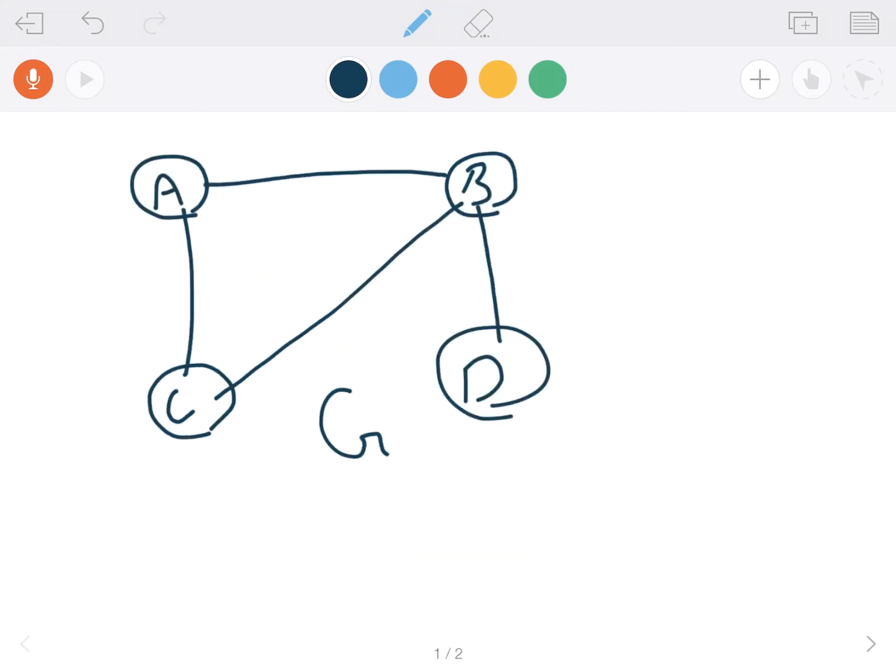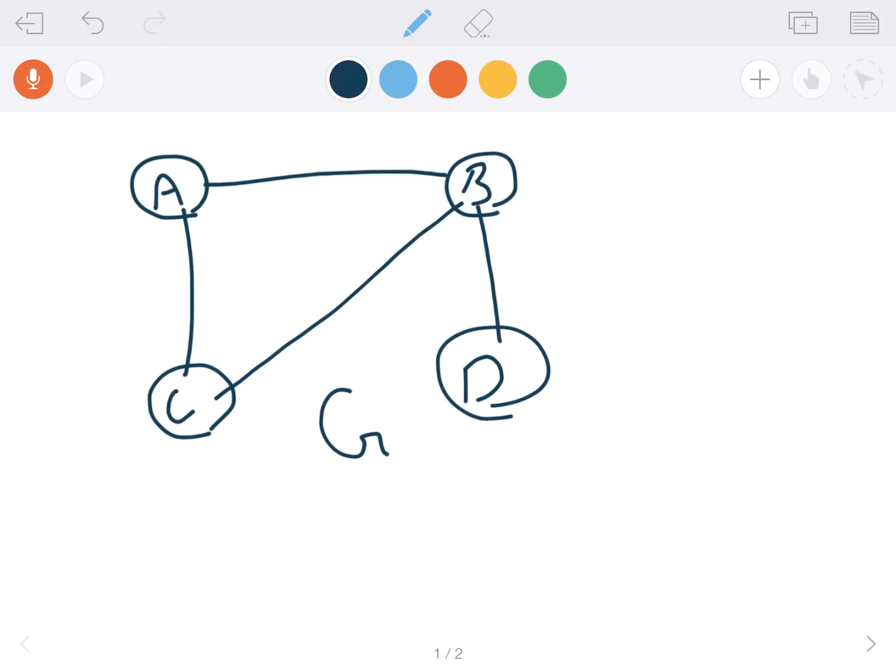Now let's talk about different types of graphs. Here we have a graph called G that contains 4 vertices, A, B, C, and D, and there are some edges that are connecting these vertices to each other.